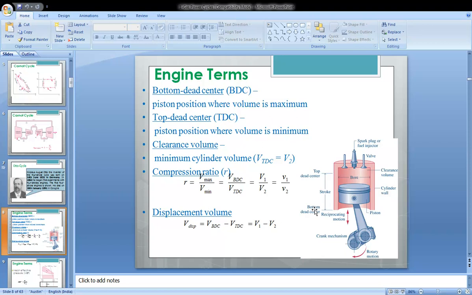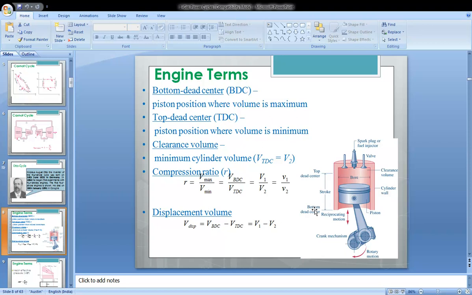The clearance volume is the volume at the top dead center, between the piston and the cylinder head. That is simply considered the minimum volume, the clearance volume. The compression ratio is defined in two ways, based on volume and based on the pressure attained inside the combustion chamber.